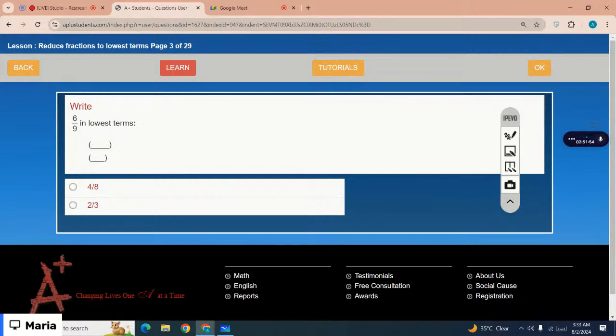Option number 2 is the correct option. 6 by 9, you can write it in the lowest term as 2 over 3.